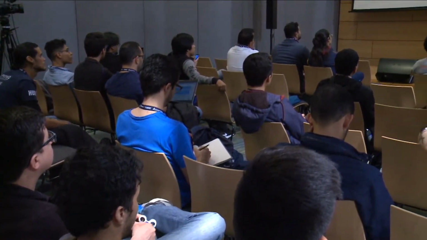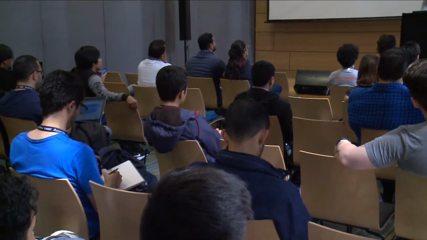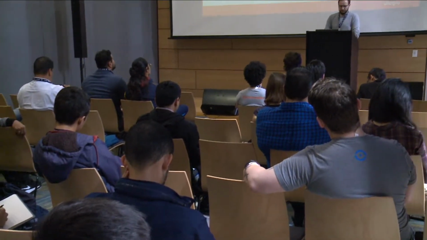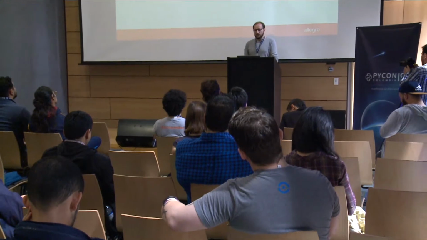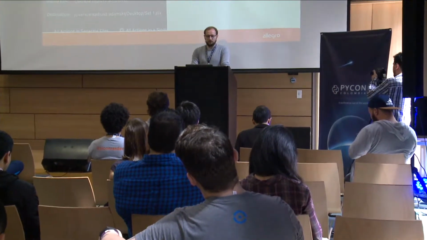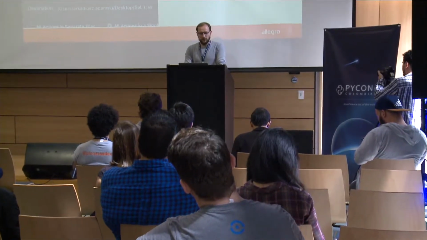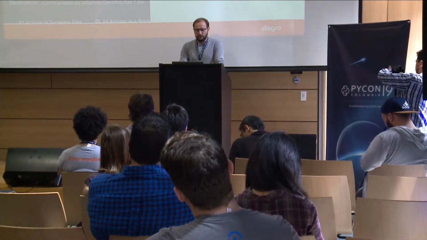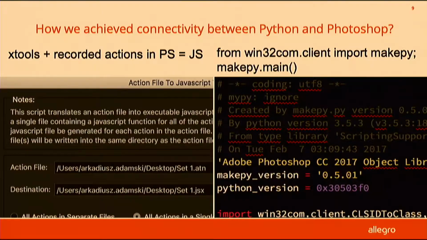Now we need to know what actions we should send to achieve the expected behavior in Photoshop to generate a specific banner. So we used Xtools to convert recorded actions to JavaScript, and we can easily convert them to Python. The main thing in communicating between Python and Photoshop's process is a library called Pywin32, which brings COM's interface to Python.